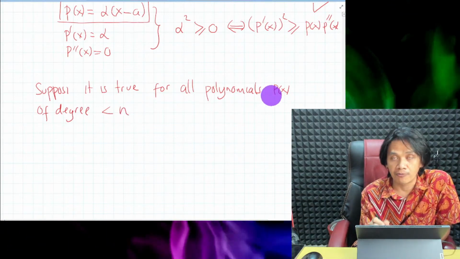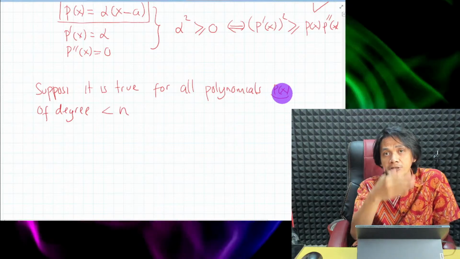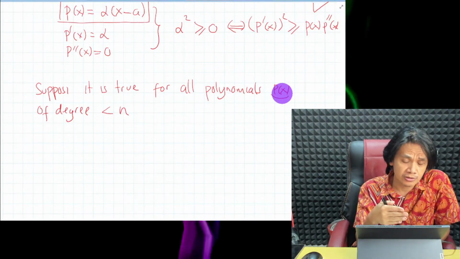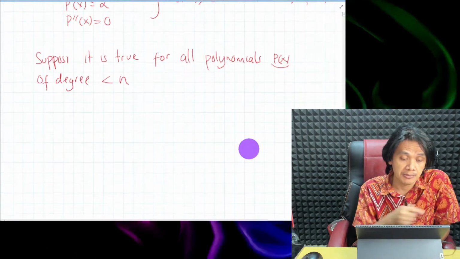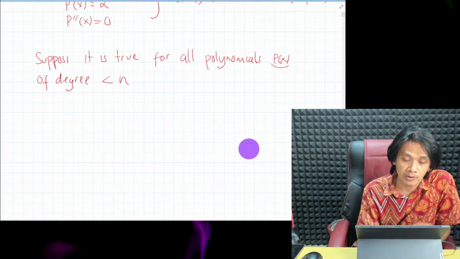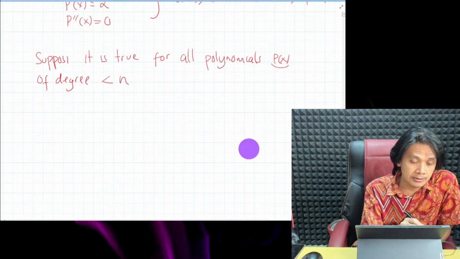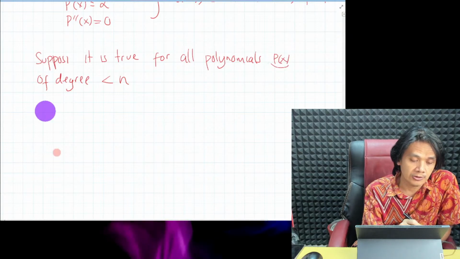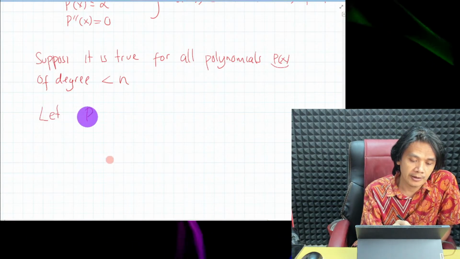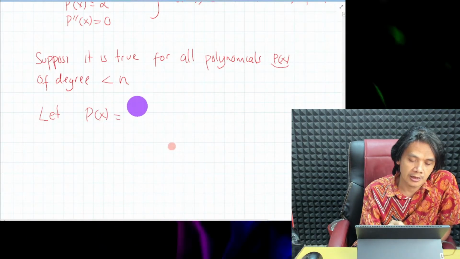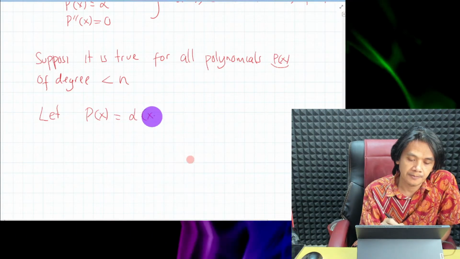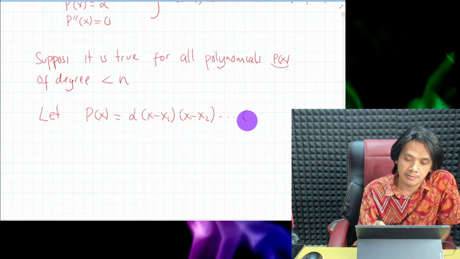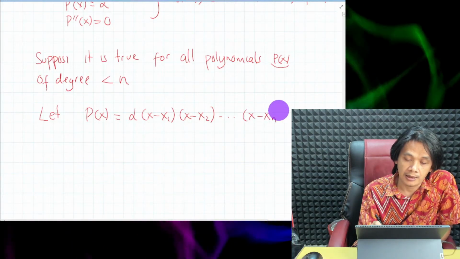Of course, this p of x needs to satisfy the condition of the problem, which is that all its roots are real numbers. Okay, so now we look at the case where p of x is of degree n. So let p of x be equal to, let's say, alpha times x minus x1, x minus x2, and so on, up to x minus xn, right?